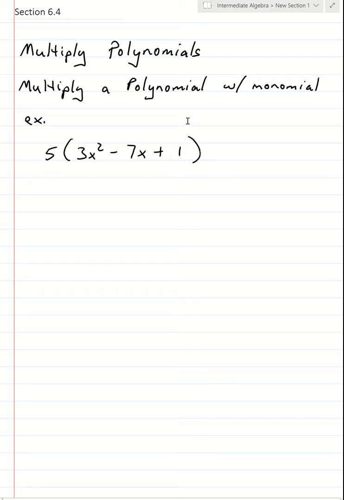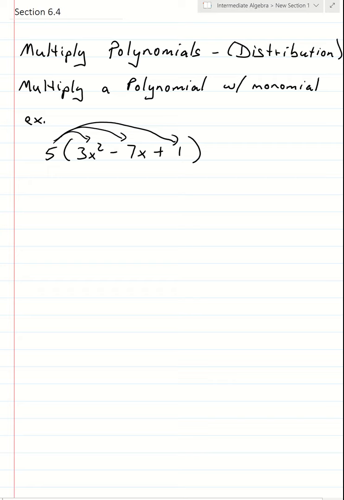And so, of course, what we have to do is that distribution property that we're familiar with. We have to distribute the 5 on all 3 terms. Because whenever we're involving multiplication, involving polynomials, we're basically going to be using a lot of distribution. Okay? That's your basic underlying idea.